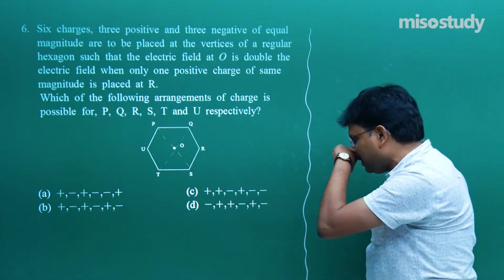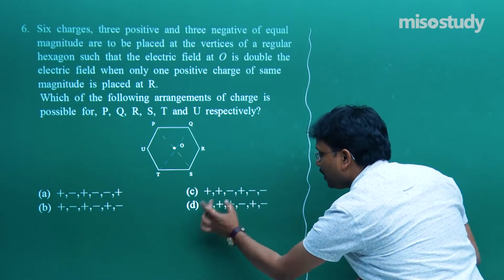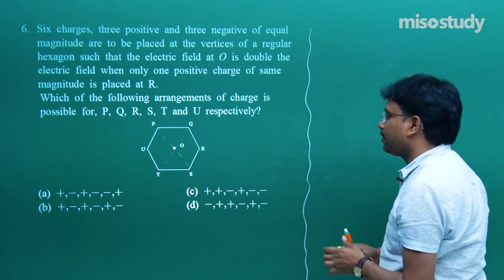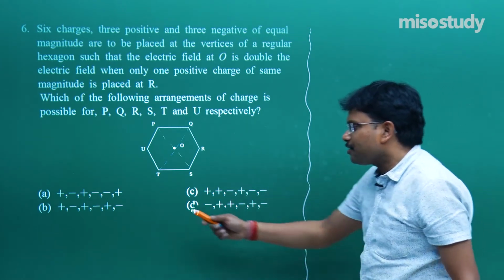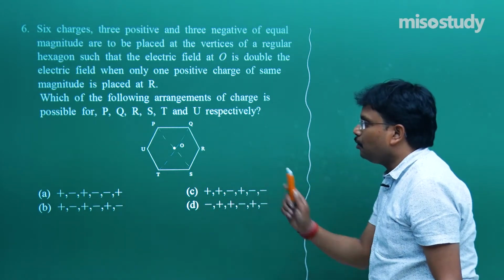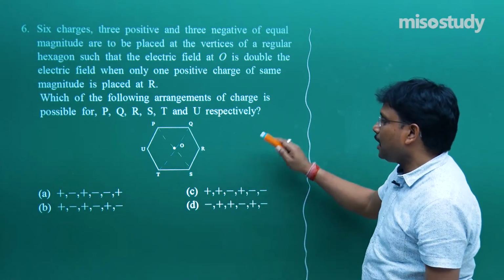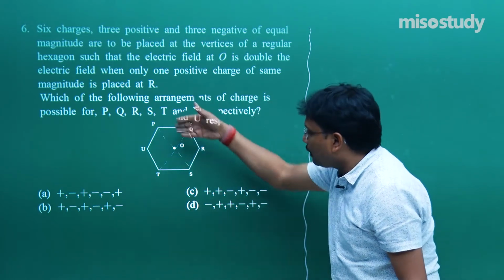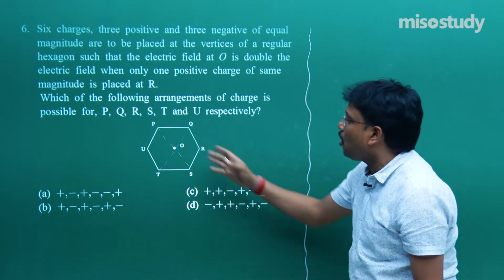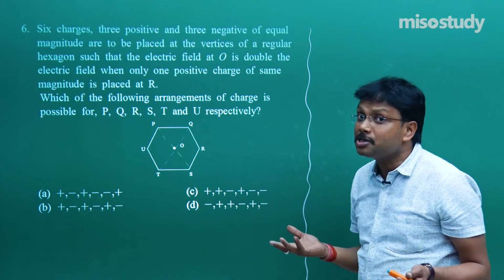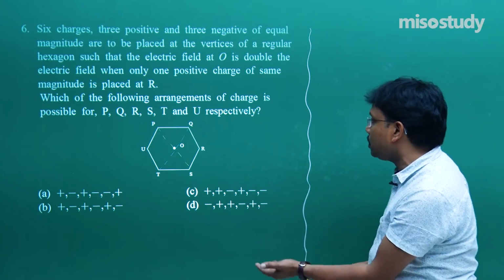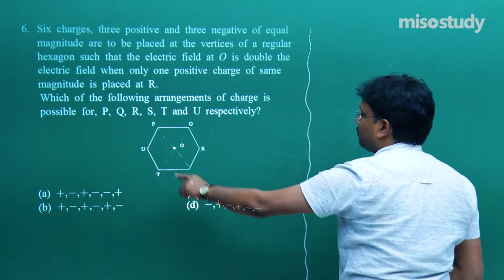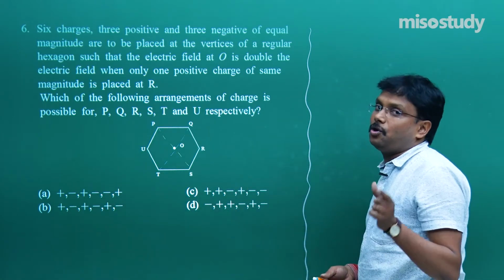So ultimately the combination is going to be plus minus, plus minus, plus minus. Because you can say, sir, over here it is also like this. No, not at all. Reason being, when I start putting the values, ultimately either P or S or Q or T or U or R, somewhere I have to start with the positive or negative charge. So let's start with this negative positive charge. If you start putting like this at this point, the addition is not going to be possible.